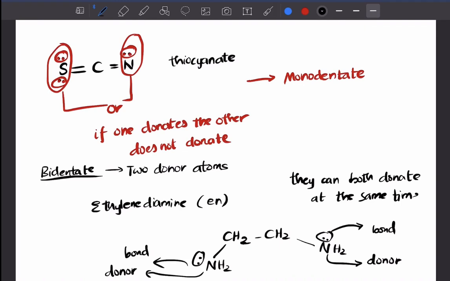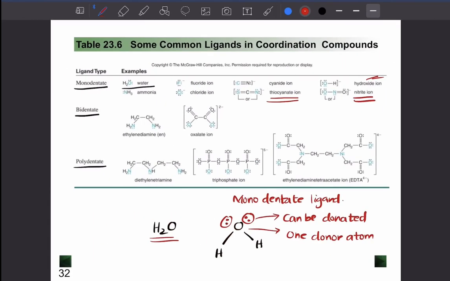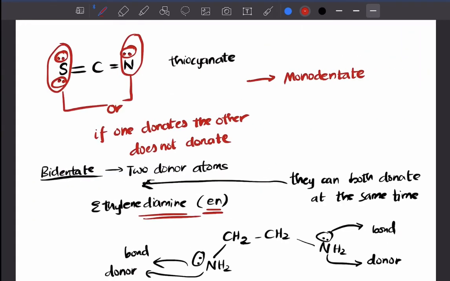So these types of elements are called bidentate ligands. One of those examples is ethylene diamine, written in short form as EN. The other example is an oxalate ion. Oxalate ion is C2O4 2 minus.